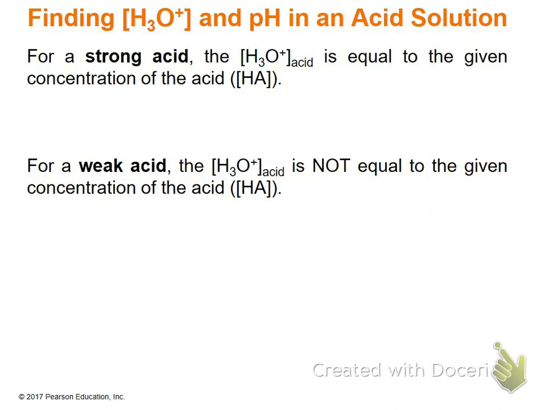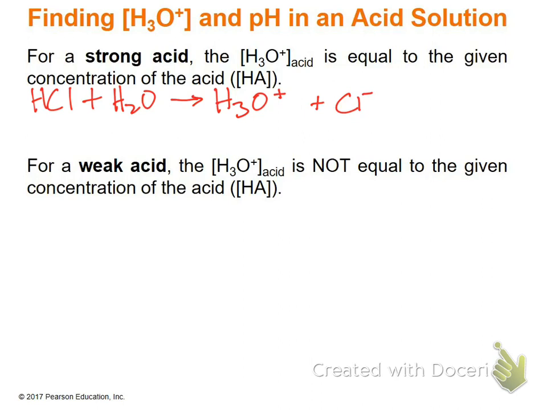So for instance, if we have hydrochloric acid, and you dissolve this in water, we get H3O+ and the conjugate base, chloride ion.